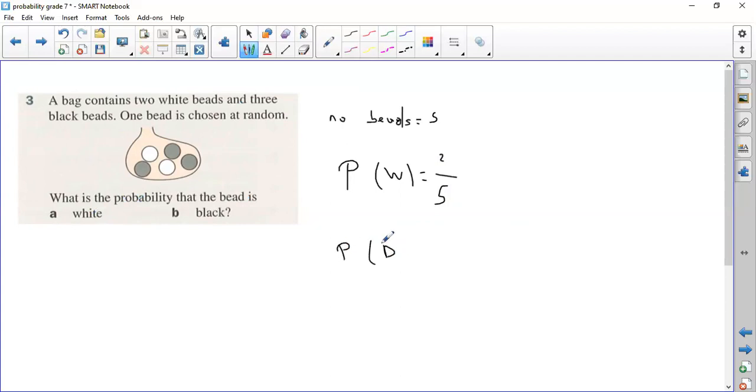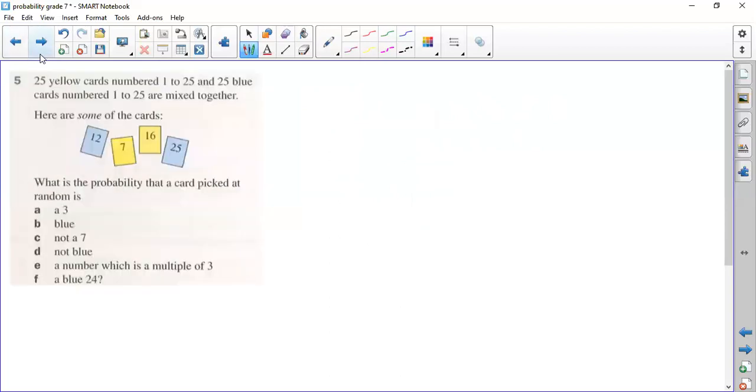Again, it will be the number of black beads, which are 3, over the total number of beads, which are 5. So it is 3/5. We have 2/5 and 3/5. If we add them, we'll get 1. So it is the total.